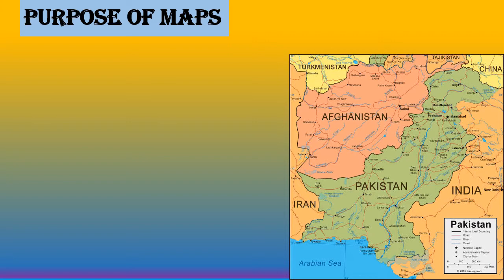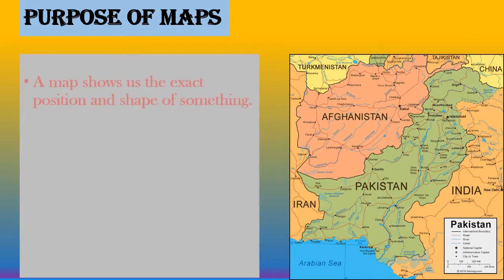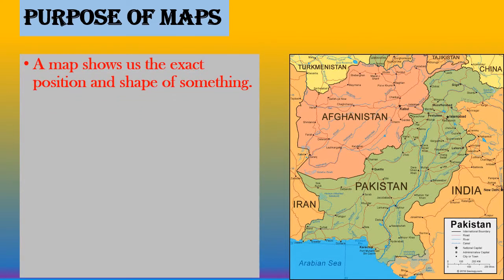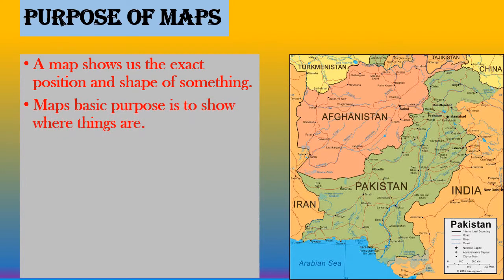They help you travel from one location to another because a map shows us the exact position and shape of something. Maps' basic purpose is to show where things are located.